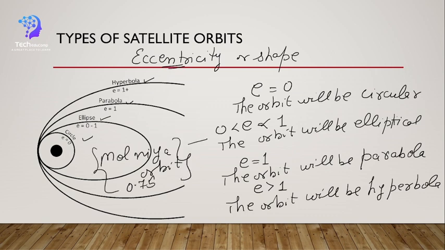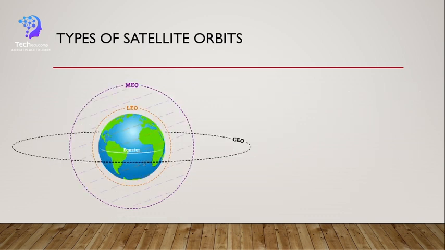This is an example of the elliptical orbit, which gives 8 hours of service in the Russian orbit. Okay, so the last type of orbit is on the basis of the distance from the Earth.